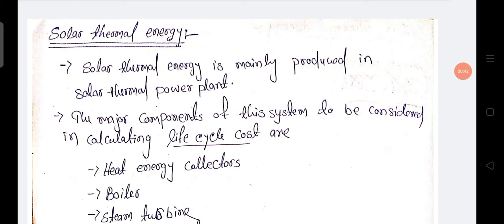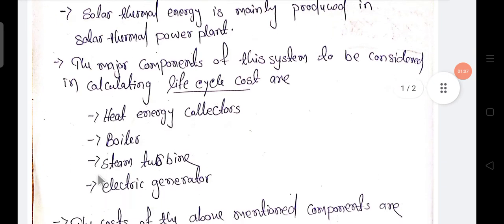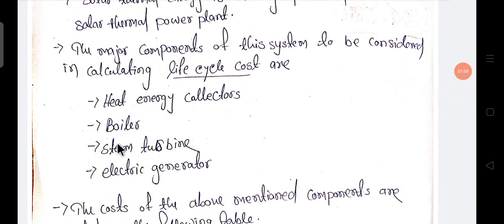Now let's see. Solar thermal energy is mainly produced in a solar thermal power plant. The major components of this system to be considered in calculating life cycle cost are heat energy collectors, boilers, steam turbine, and electrical generator.